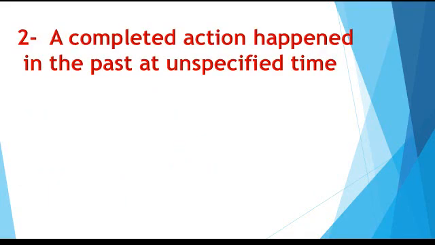The second use of the past simple is an action that was completed in the past at an unspecified time, which means there are no time markers. It's the same as John sailed to America in 1498, but if we don't use 1498, it's correct, we just don't give more details.